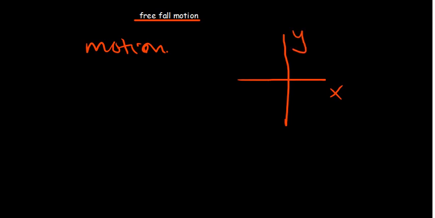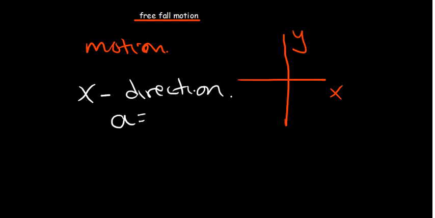When we were using those four equations, we were talking about motion in the x direction, where you calculate the acceleration and everything, or it is given. But now we want to talk about the y direction.